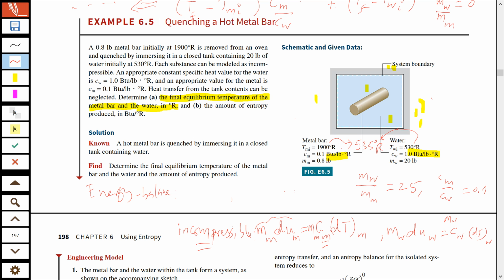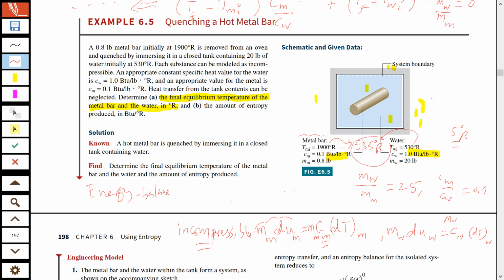Can you compare the changes? So how will you explain the fact that the metal bar went through a lot of change and water only changed by 5 Rankine? Who can explain that? Why is this final temperature not the middle value between these two?